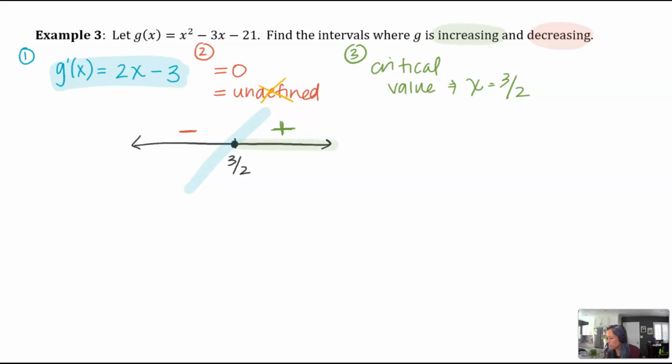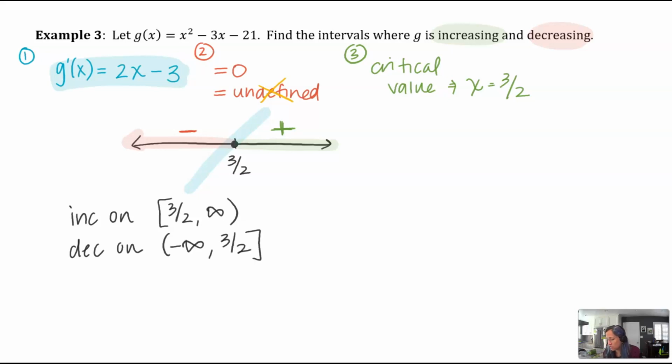All right, so our interval of increasing is anywhere that our first derivative was positive. Our interval of decreasing is anywhere that our first derivative was negative. And so we got increasing on, and then that is going to be 3/2 to infinity. And it's decreasing on negative infinity up to that 3/2.